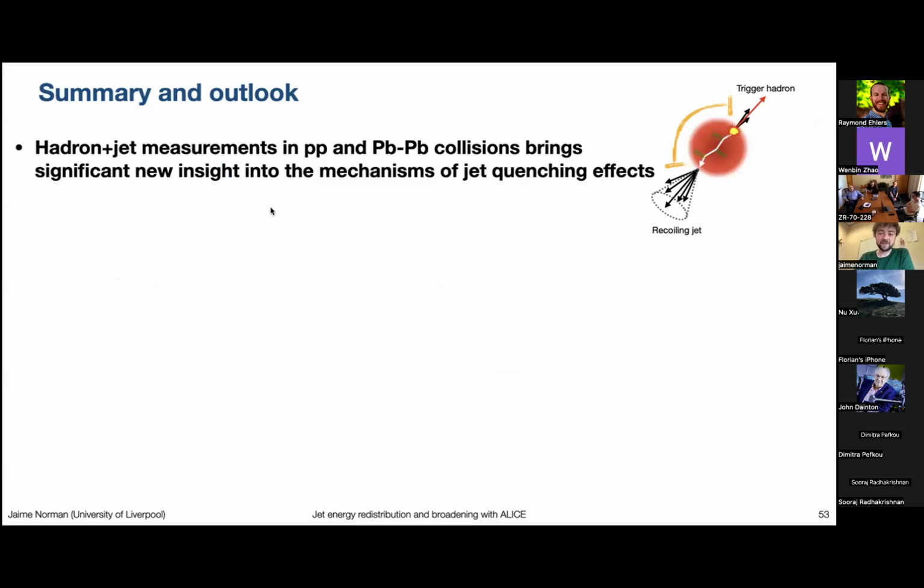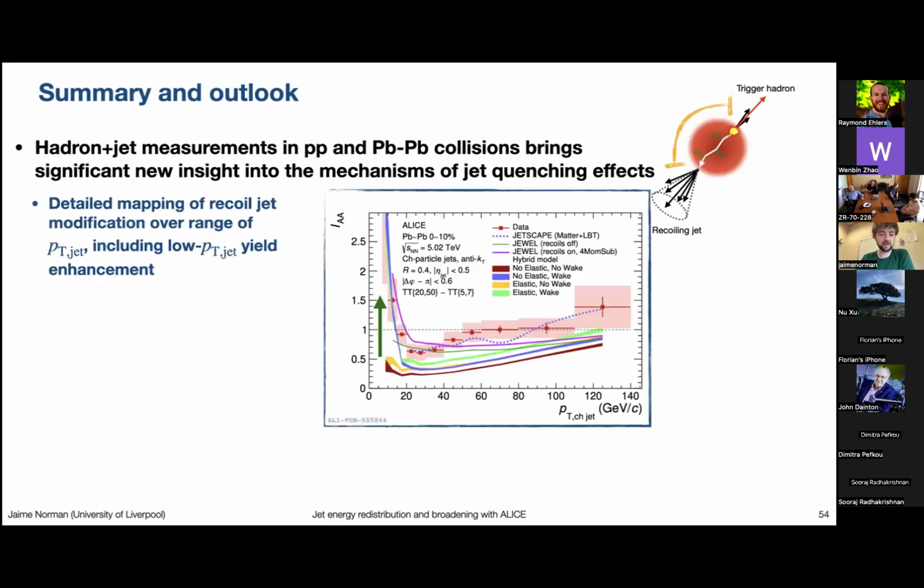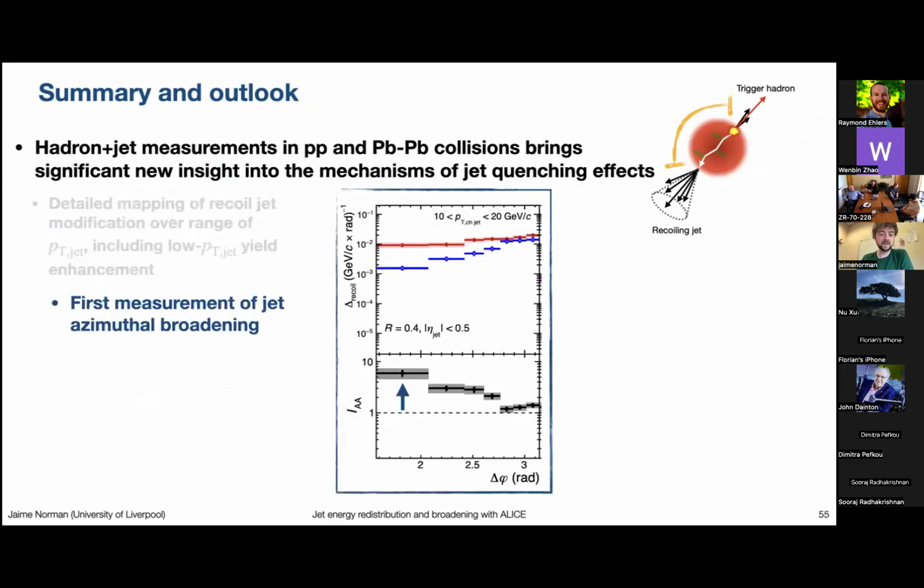So I have a summary and then a couple of slides on an outlook, but I'll be quick. To summarize, I think these measurements bring a significant new insight into jet quenching. We've mapped in detail recoil jet modification over a range of pT.